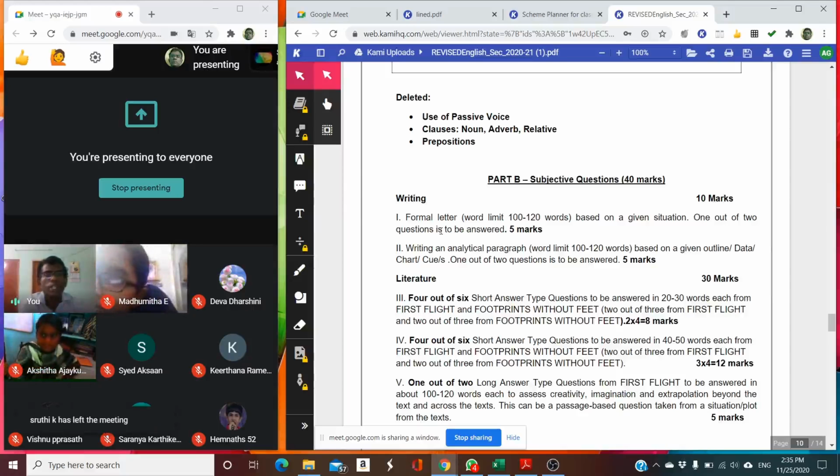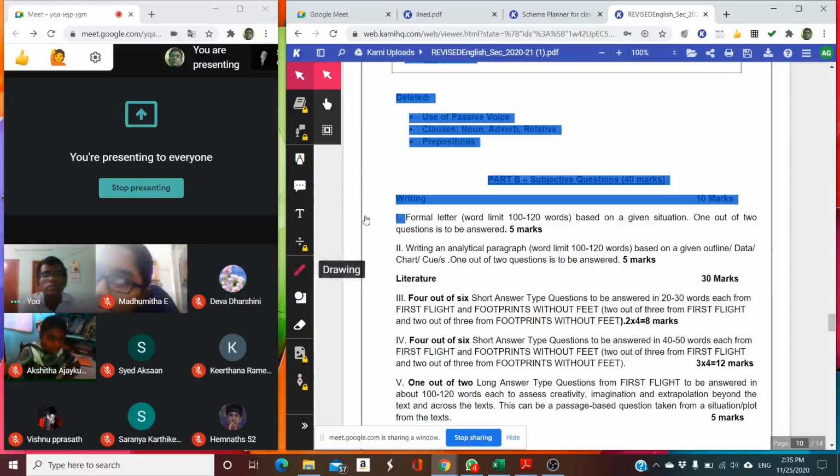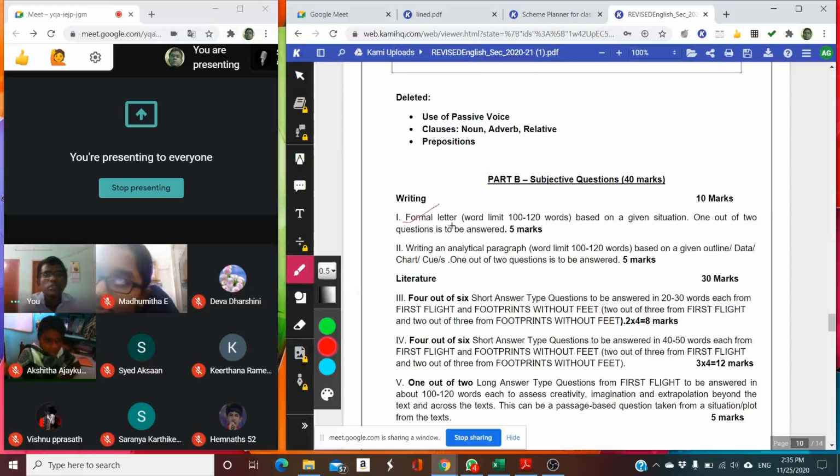Please note it down. Formal letter. Then it can be based on visuals or verbal clues. Then question number 2, that is also for 5 marks. So you have two 5 marks questions.